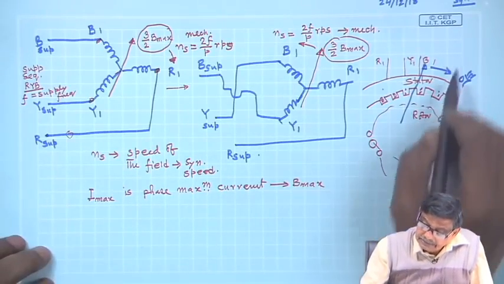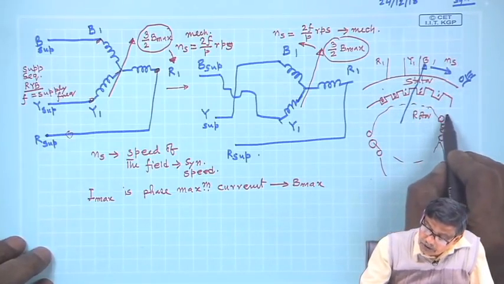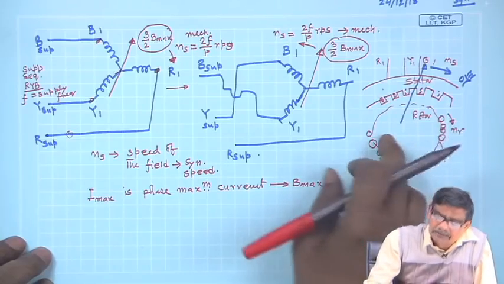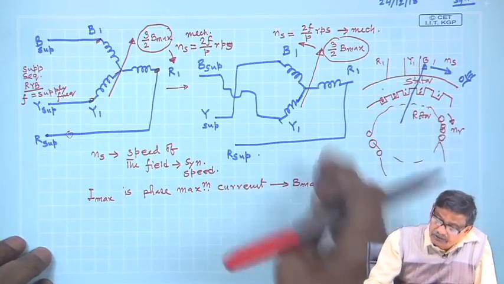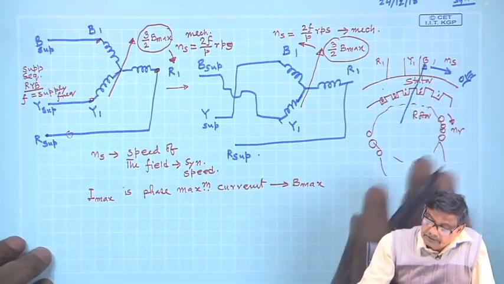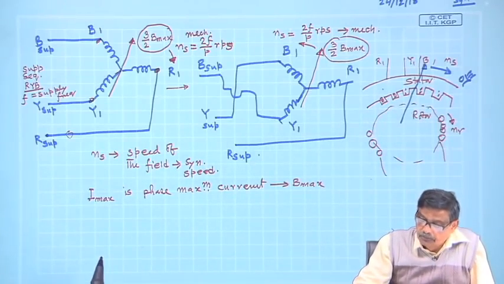In the general case, this is the rotating field, speed is Ns, and suppose the rotor is also moving at Nr by some external agency. Ns and Nr are mechanical speeds, and the rotor is also allowed to move.